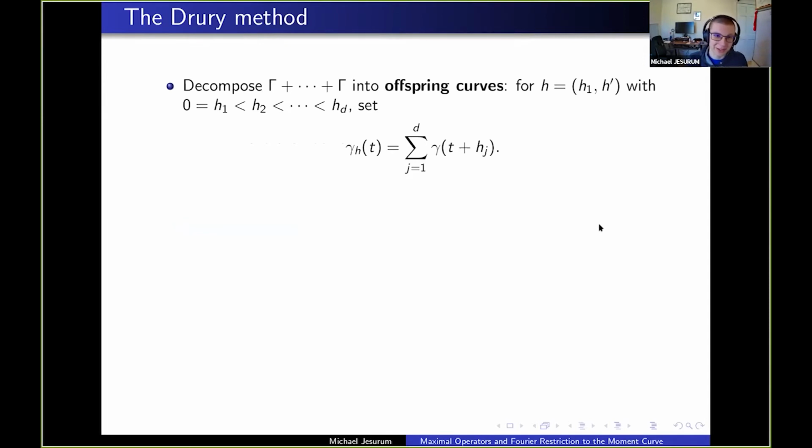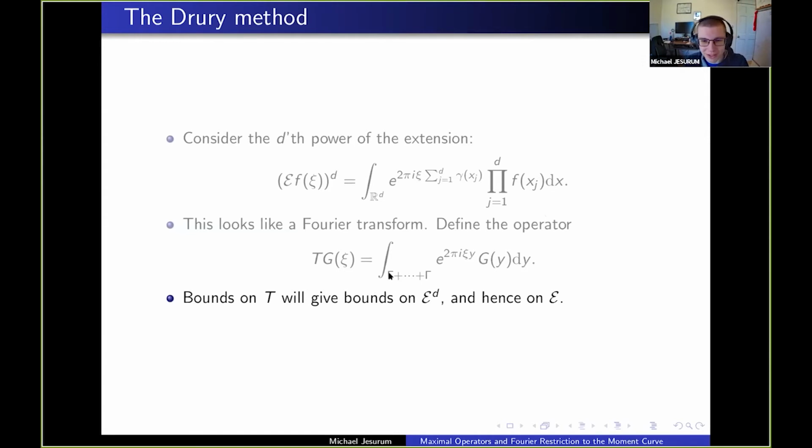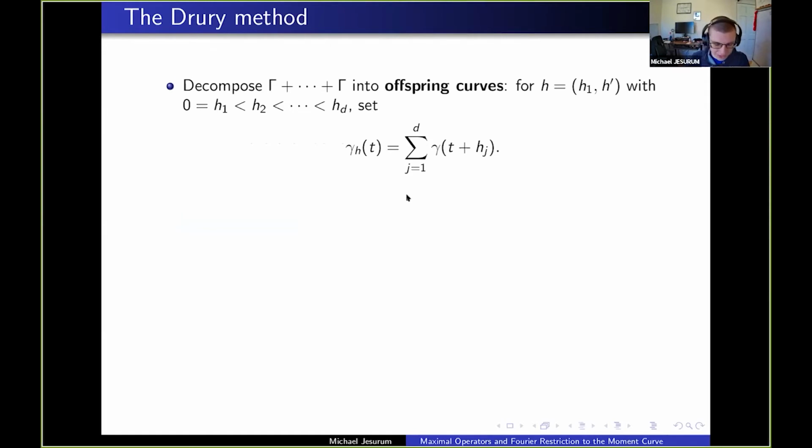Okay, so we're going to take this Fourier transform, which is supported on the sum of the curves gamma. So we'll decompose the sum of these gammas into offspring curves. The reason that this is called offspring curves is because when we started this induction, we started with just one curve, gamma.